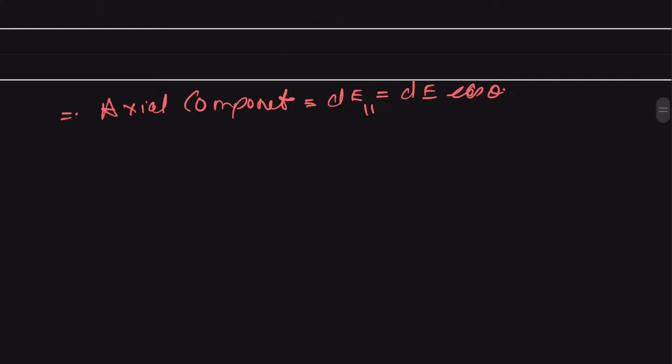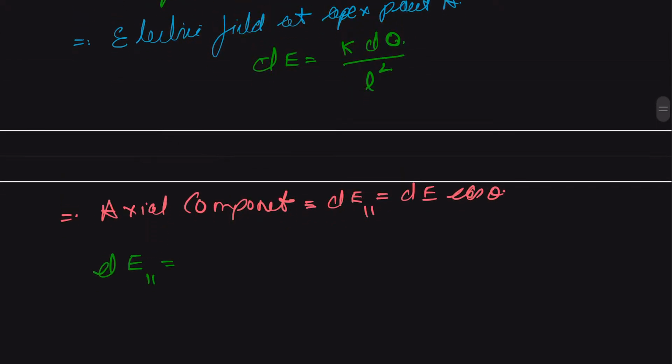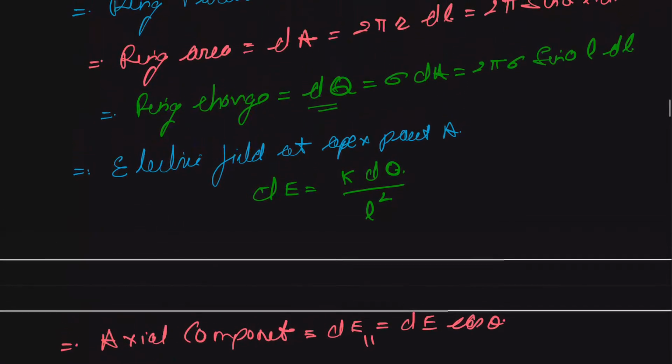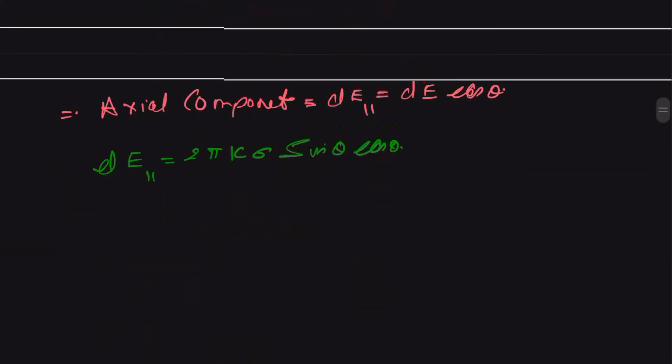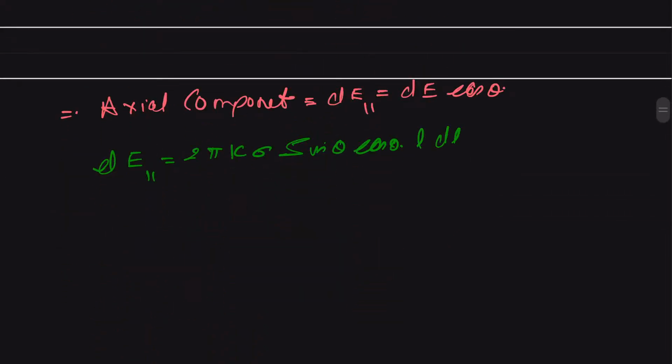And so we substitute our dE, so the axial component will be equal to k dq, and dq we can substitute, so we can directly write it as 2 pi k sigma sine theta cos theta L dl upon L square.